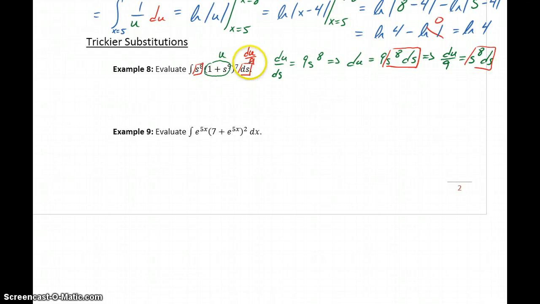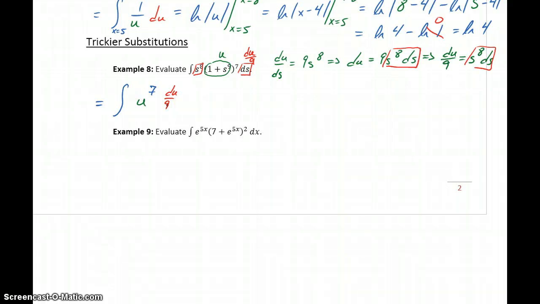So this is that idea where things are getting trickier. We're not just swapping in du, we're swapping in some slightly more complicated expression. We have to manipulate this statement a little bit more to get something so we can make that substitution. So our integral will become the integral of u to the 7th times du over 9.